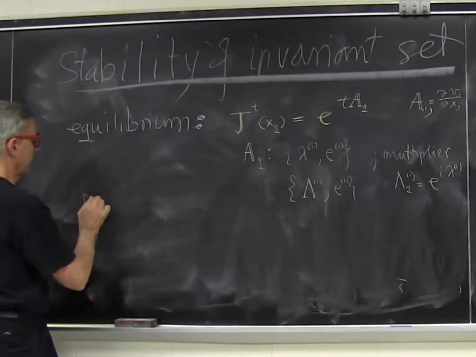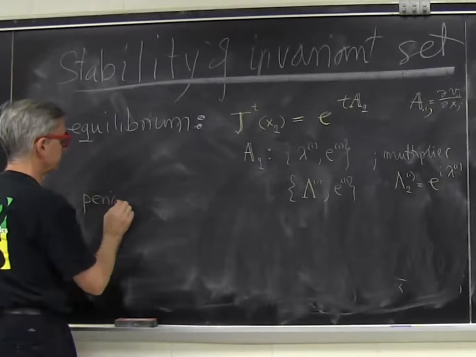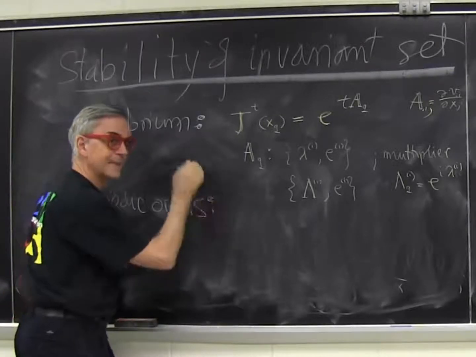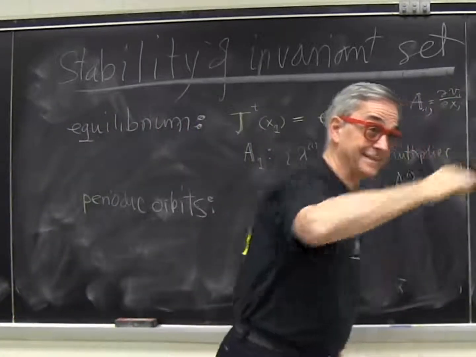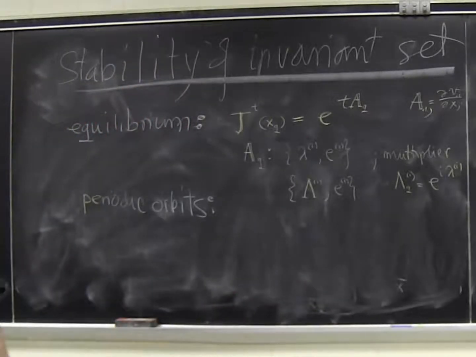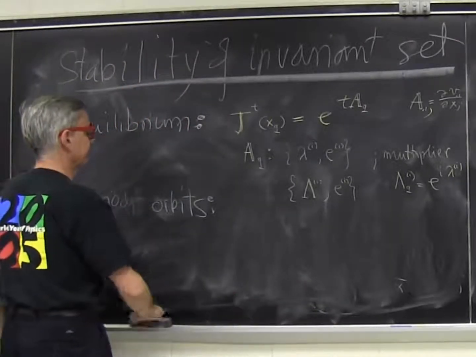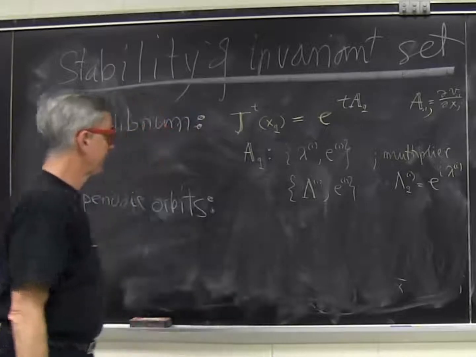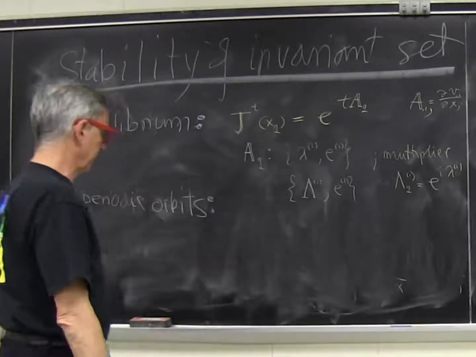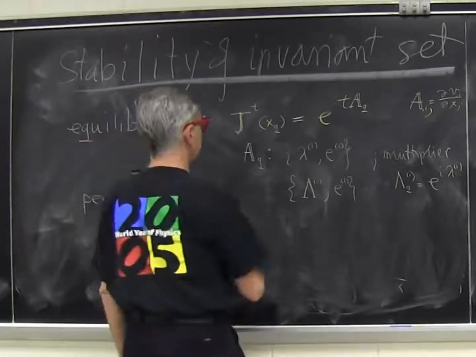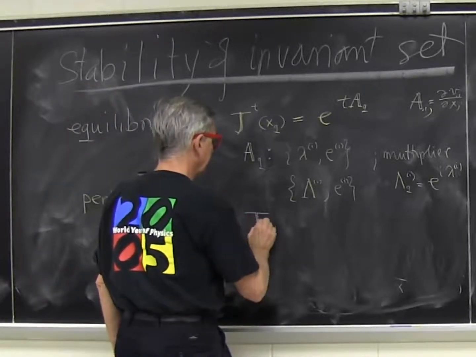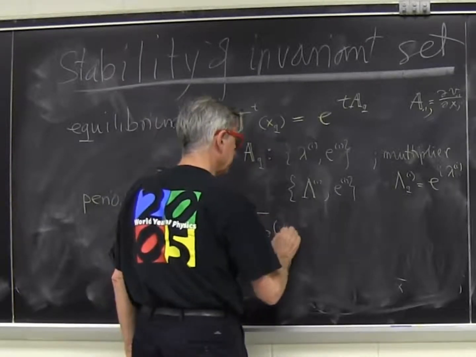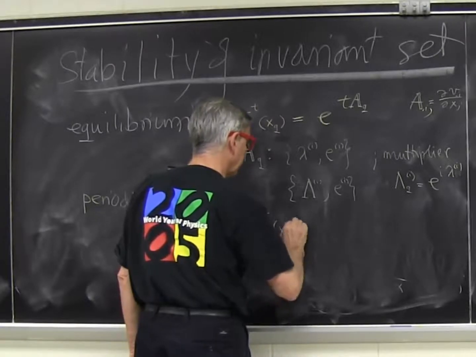For periodic orbits, the computation of the Jacobian is a little bit more involved, but once we have a Jacobian evaluated on the periodic orbit, it's a d by d matrix that cares where we start on the periodic orbit.